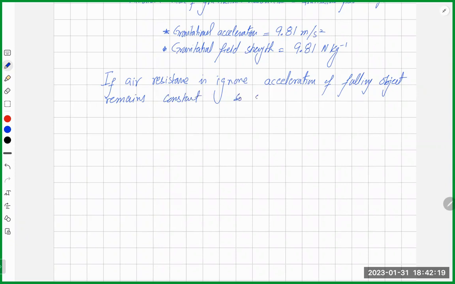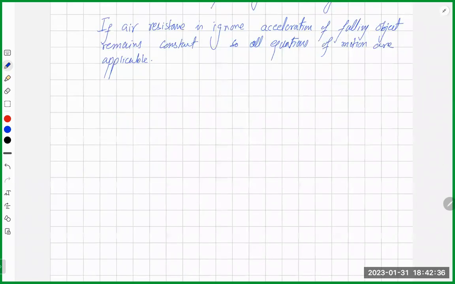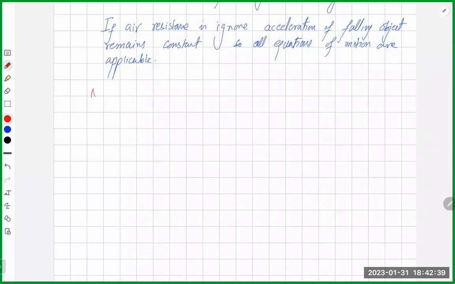So all the equations of motion are applicable. The normal equations of motion apply for free fall and for an object that has been dropped.